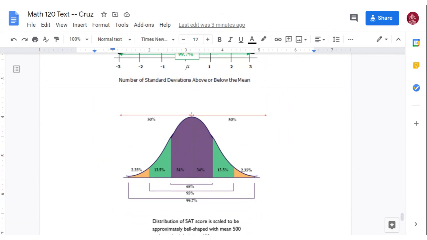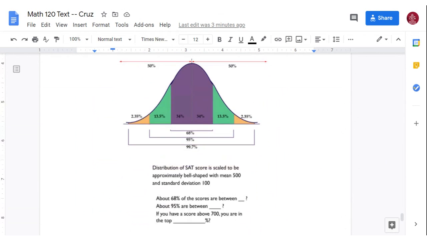So that being said, we can use the empirical rule to help us know, with normally distributed data, how much is in between specific data sets.